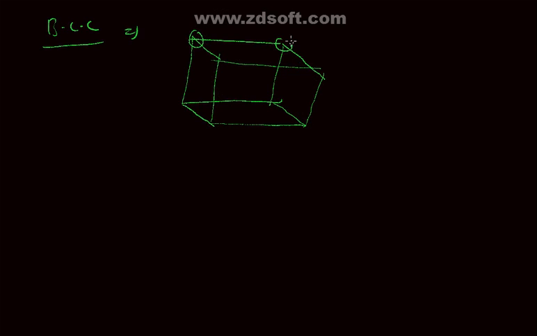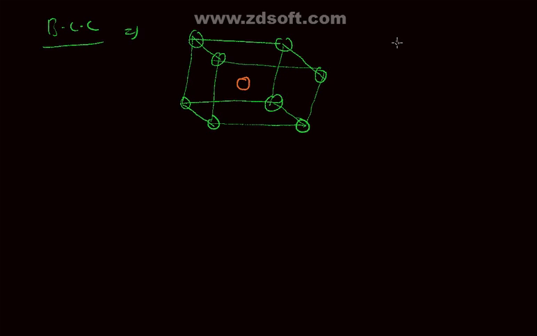Suppose atoms are over here, so one atom will also be present at the center. Now some of you would be thinking, sir, in solid state how can there be so much void or empty space in a unit cell?